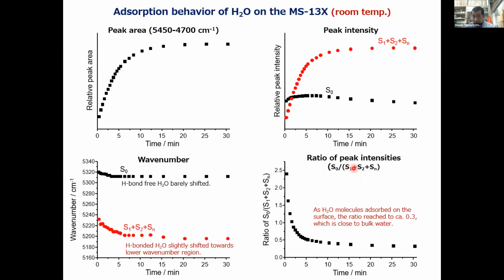The ratio of peak intensities S0 per S1, S2, Sn decrease to become about 0.3, which is close to bulk water. And this is a brief introduction of results. Okay, thank you for listening.